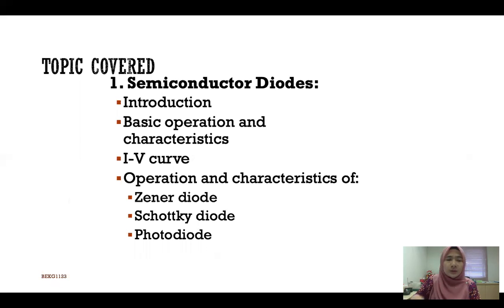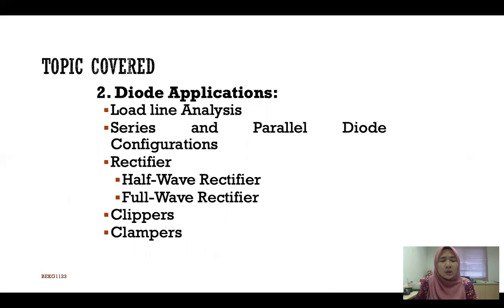We divide it into two parts. The first part is the semiconductor diodes, which cover the introduction and operation characteristics. This one we will cover in this week's syllabus. For the diode application, we will cover it in next week's lecture.